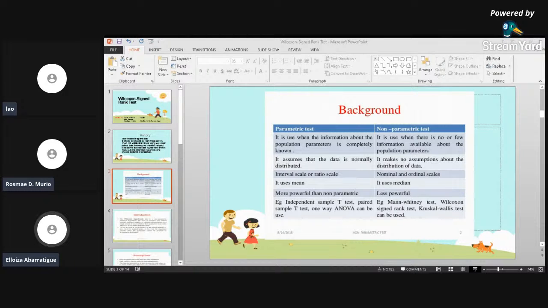The scale is nominal and ordinal. It uses the median and is less powerful. The Mann-Whitney test, Wilcoxon signed rank test, and Kruskal-Wallis test can be used.